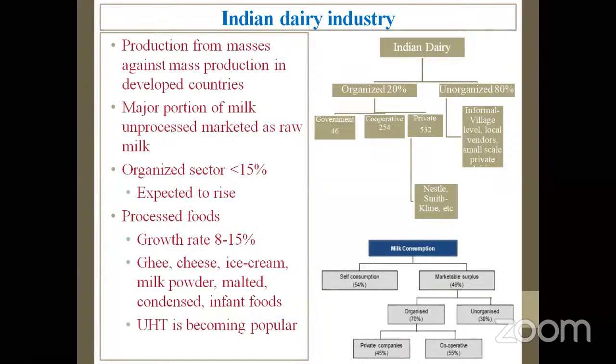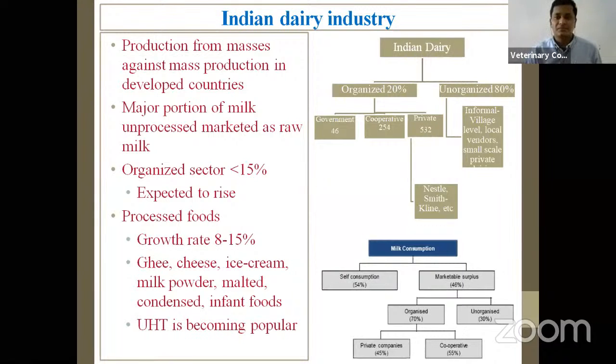They are known as mass production units. While production from masses means many animals giving 1 liter, 2 liter, 3 liter, 10 liter of milk, together forming a bulk of milk that accounts to the tune of 180 million metric tons. That makes India great. So India is the largest producer of milk in the world.